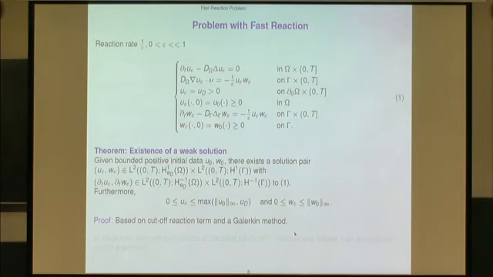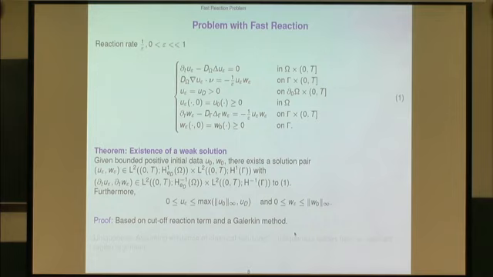For this problem, we can show that if you give us bounded positive initial data for U and W, then there exists a solution pair in the usual spaces for weak solutions to parabolic equations, so L2 H1. This subscript ED denotes functions which take value UD on the outer boundary, and the time derivatives are in these spaces. Furthermore, we can show that the solutions remain positive and that they're bounded by their initial data.